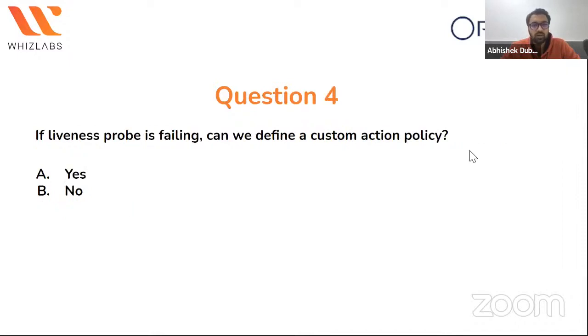Next: if the Liveness Probe is failing, can we define a custom action policy? That means, can we define a custom action policy in the sense that I don't want to restart a container, I want to do something else? Can we do that?